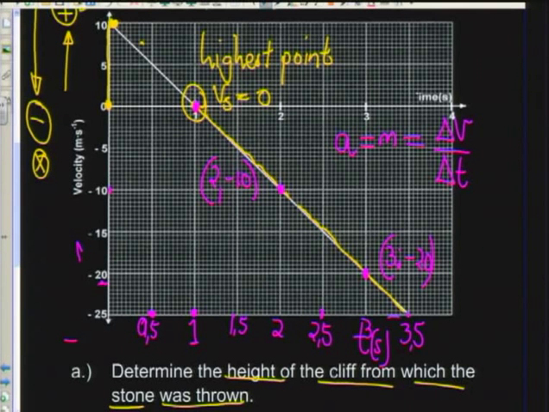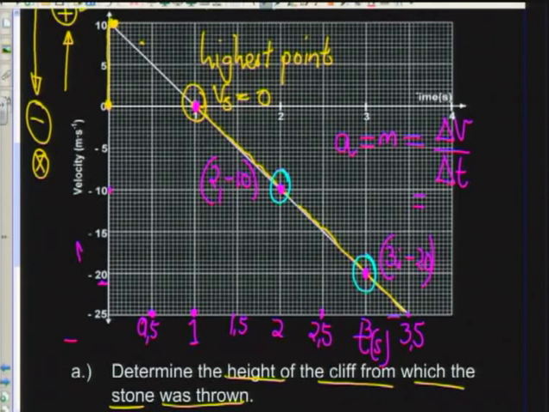So if I want to work out this gradient here, I will then say this will be equal to, let me just change the color so that we can all see what this is coming from. So change in velocity, it changed from this point to that point.